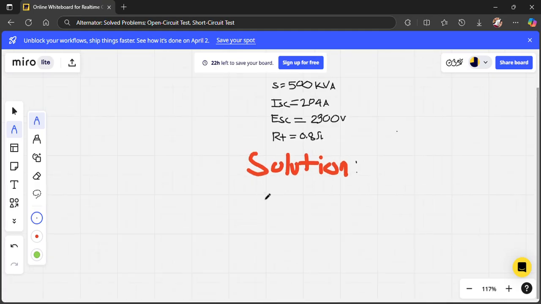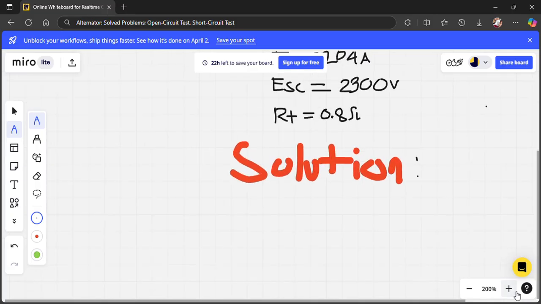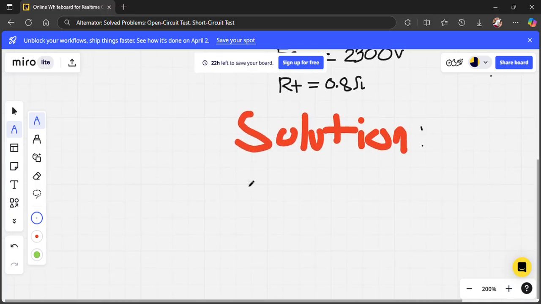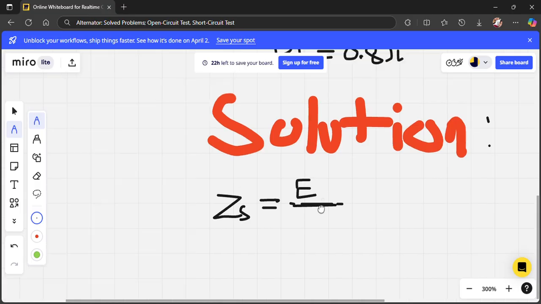Now we have this formula of synchronous impedance. Let's say ZS is equal to E_OC over I_SC.